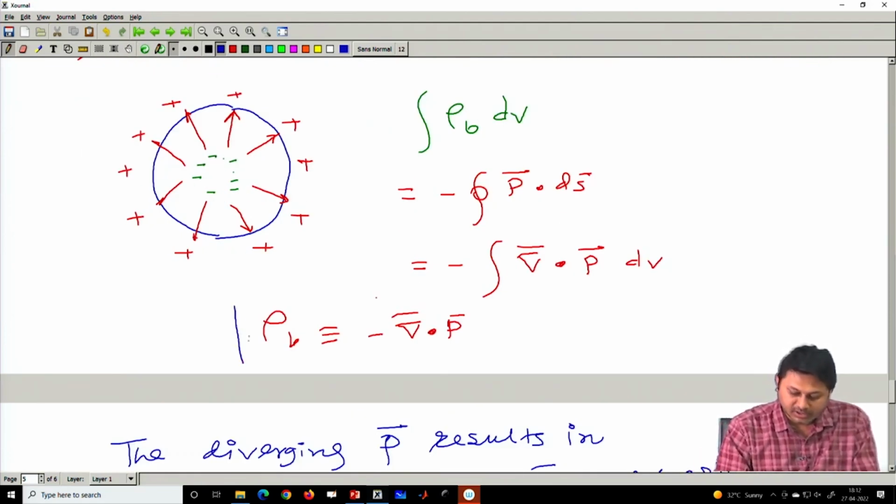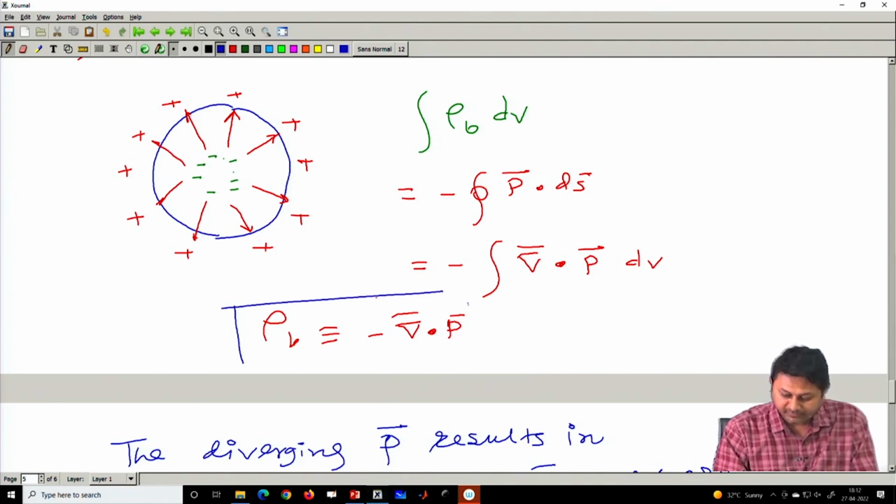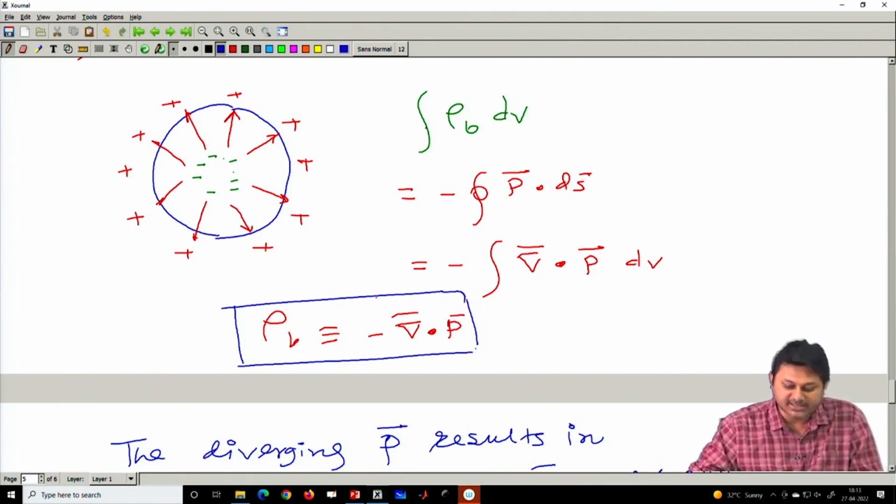So, eventually we get this very important equation: if there is a variation of the polarization, that variation can be quantified with a divergence, and the negative of that divergence is the density of the bound charge that is produced.